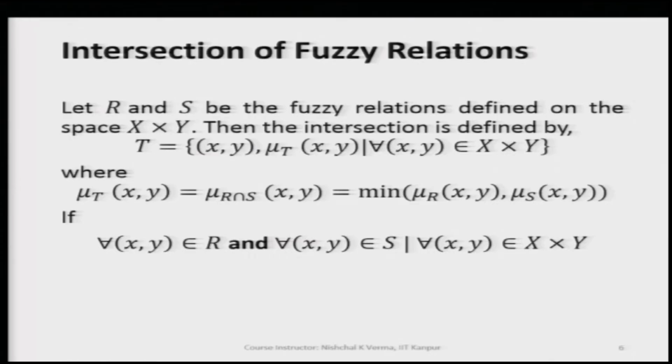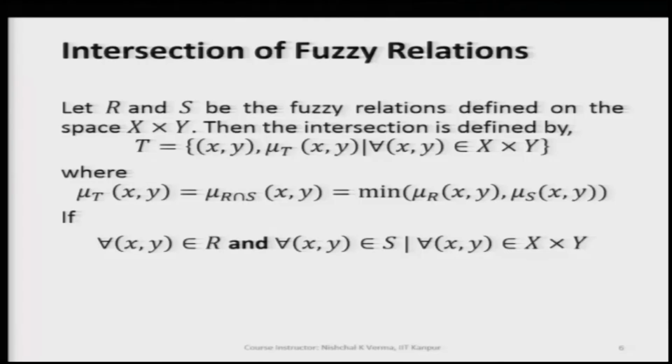I have already explained a couple of times that in a fuzzy set we have to have this mu T of x, y, the associated membership values, otherwise we may not know with what membership value a particular element exists in the fuzzy set.